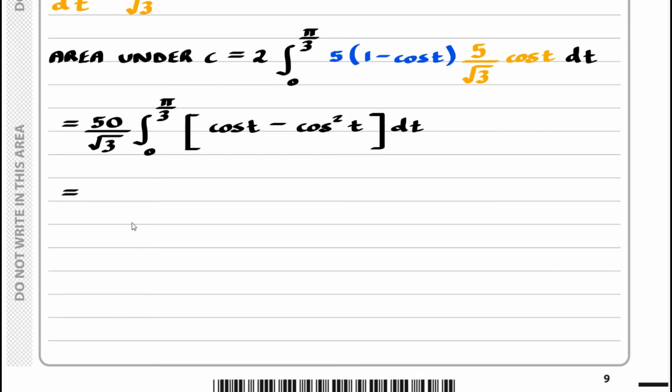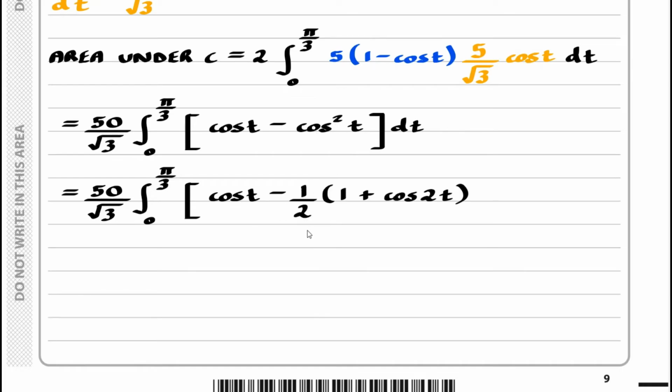So, if we simplify even further, we've got 50 over root 3 multiplied by the integral of the cos t subtract, and this cos squared t I'm going to replace with 1/2 multiplied by 1 plus cos 2t dt, and we're integrating between 0 and pi over 3.